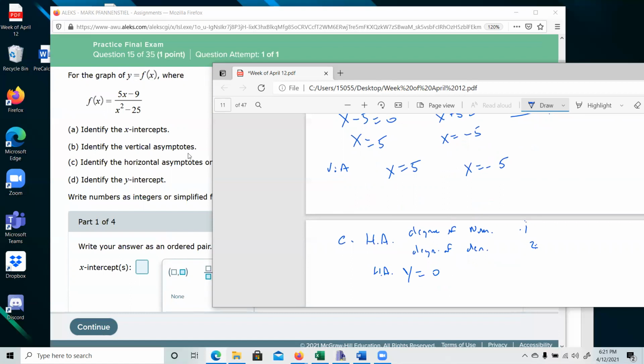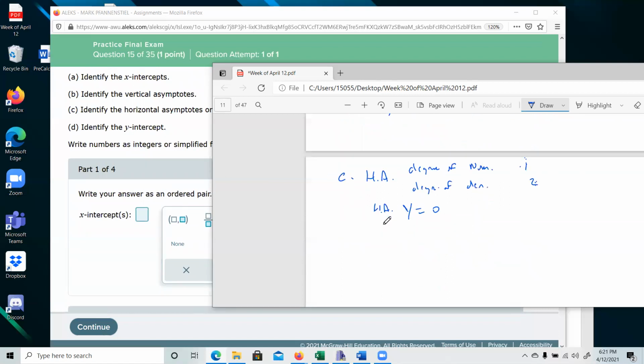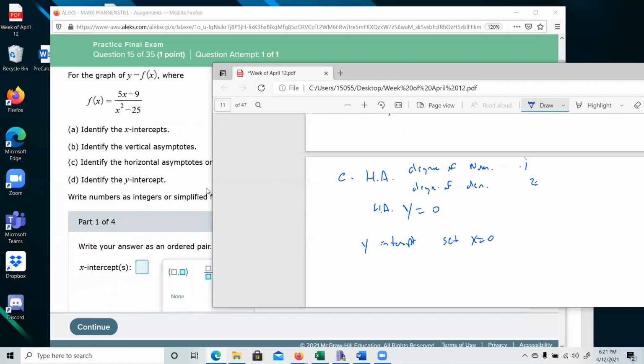Identify the y-intercept. This one's a nice one. Set x equal to 0 and have at it. So that is negative 9 over negative 25, 9/25. So we have (0, 9/25).